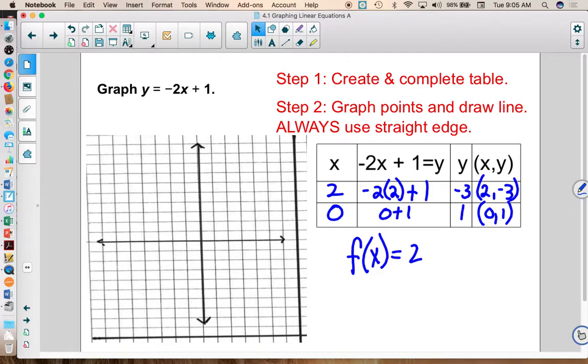So if I've got 0, 1, and 2, -3 for mine. Oh, no. 2, -3. No, it's not lining up.